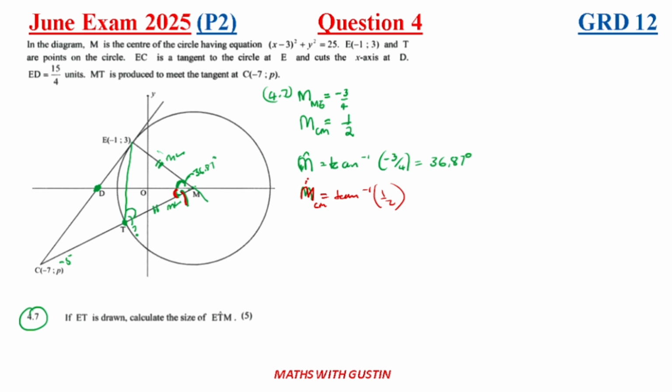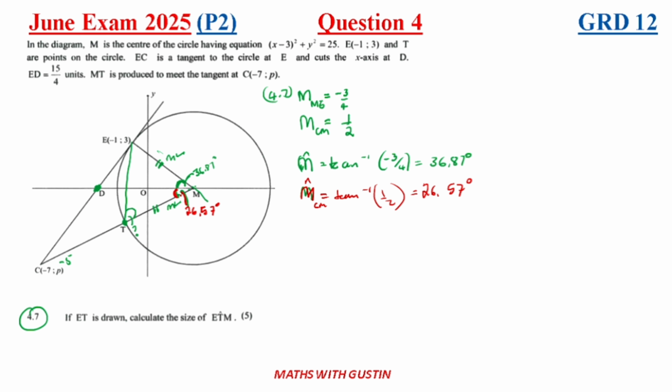So this would be our angle now. It's giving us 26.57, right? Great.